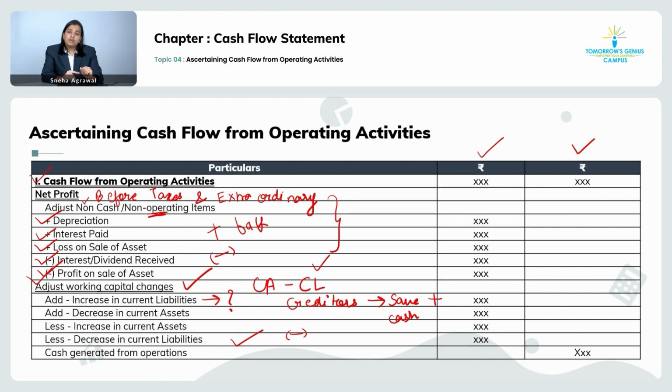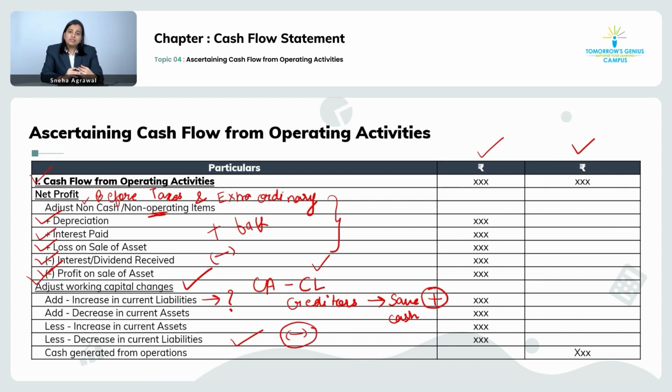When will the current liability decrease? When you make repayment to the creditors and suppliers. Whenever you do, cash goes out of the business and working capital gets reduced. So if there is an increase in current liability, you add it. If there is a decrease in current liability, you deduct it.